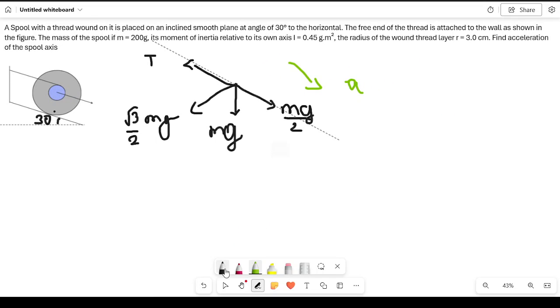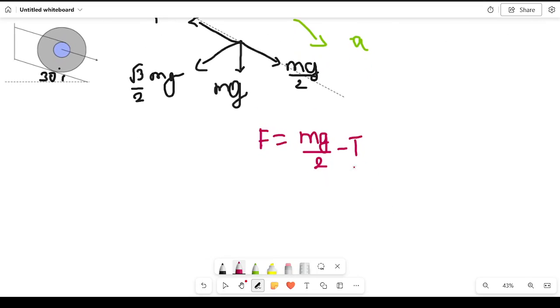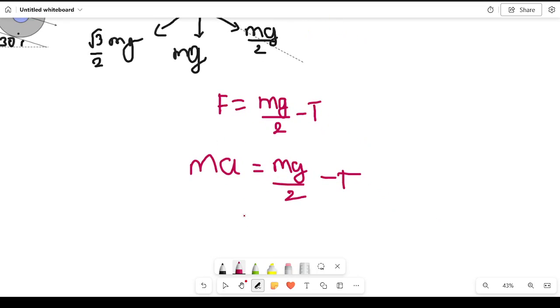So the net force is mg by 2 minus T, assuming it is going downwards, where T is the tension force. F is also equal to ma, and since I know the value of m, I can get the value of a. So ma equals mg by 2 minus T. Let this be equation 1.